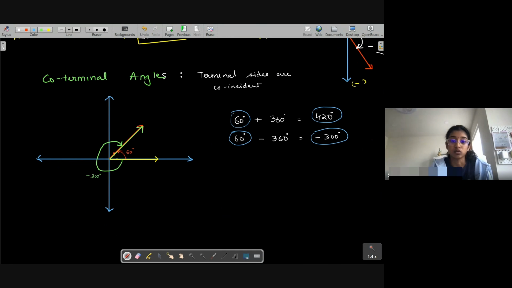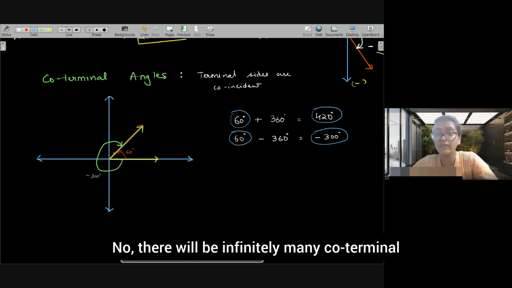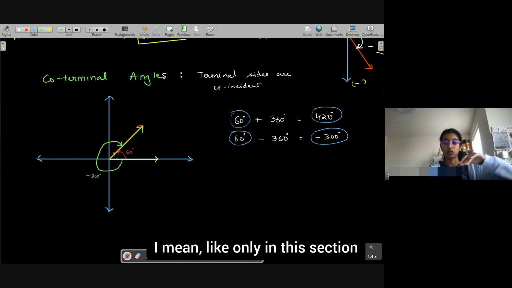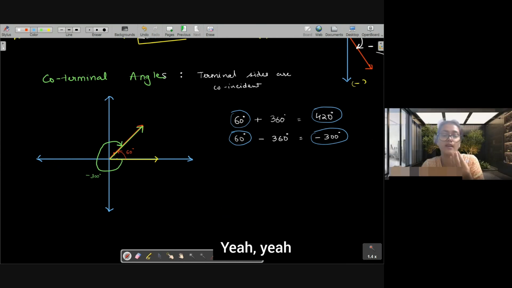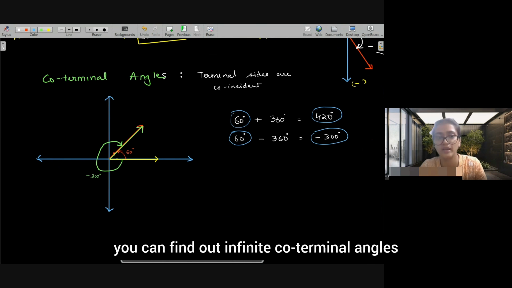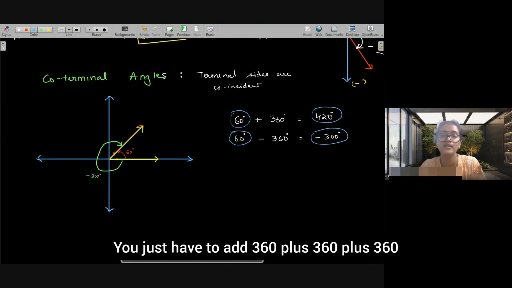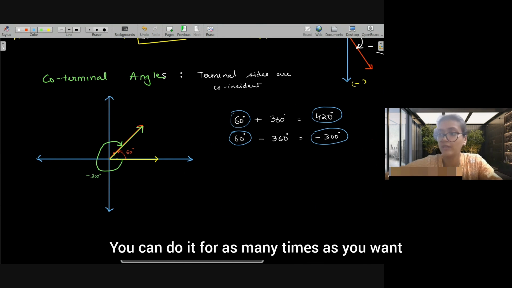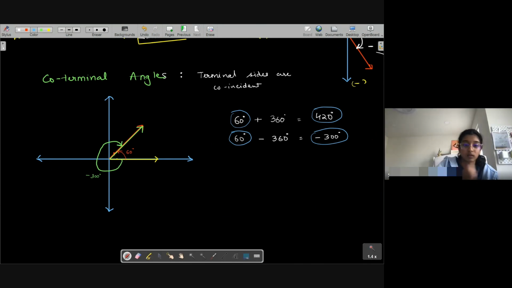Is it only those two? No, there will be infinitely many coterminal angles for 60 degrees. You can find infinite coterminal angles. You just have to add 360 plus 360 plus 360. You can do it as many times as you want.